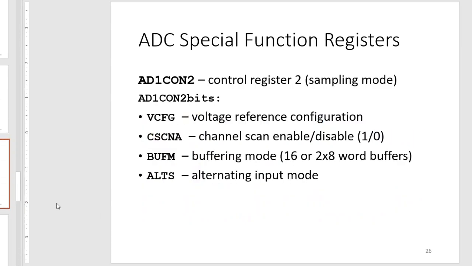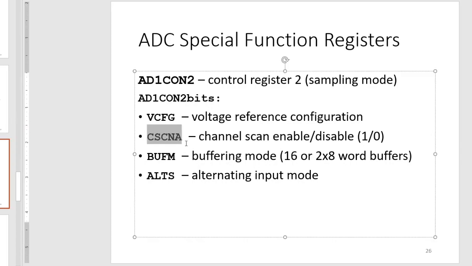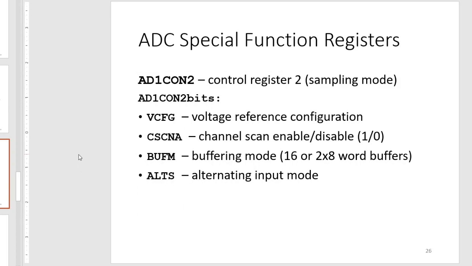Next is our control register 2, which is concerned with the sampling mode of our ADC. The first bits are the voltage reference configuration, which I think I showed a while ago. Then the channel select scan enable or disable, the buffering mode, and the alternate input mode enable or disable.